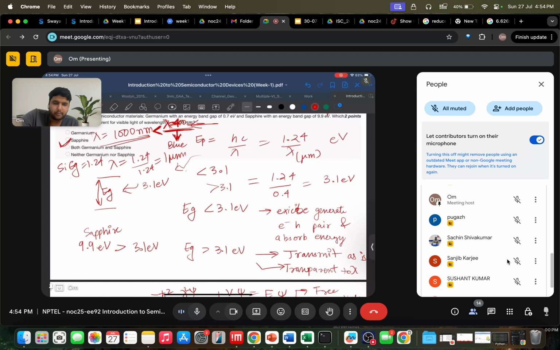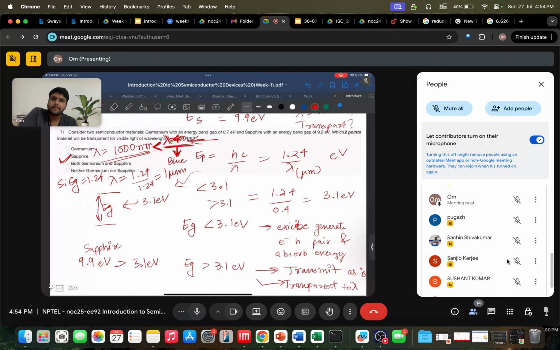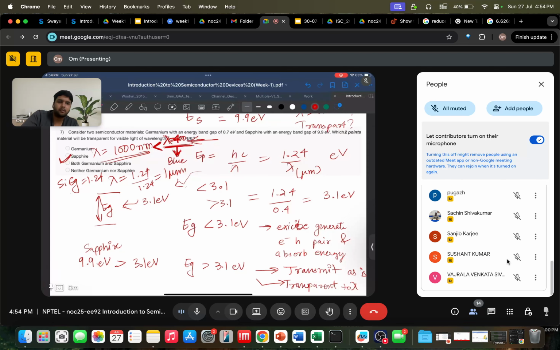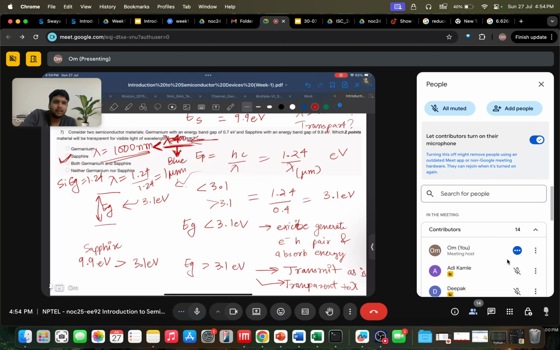Whatever wavelength is greater than 1000 nanometer will pass through or reflect. It just won't be absorbed, it will not create electron hole pairs. Does this make sense?